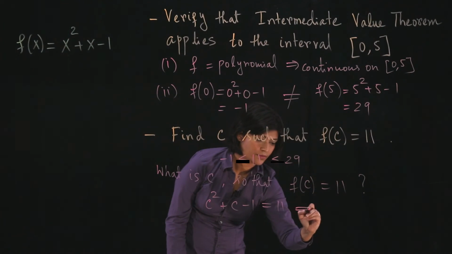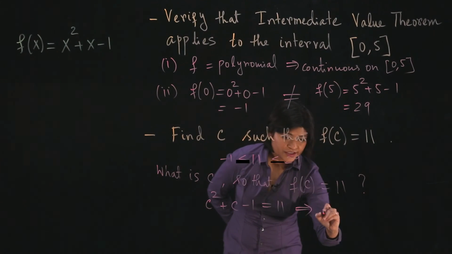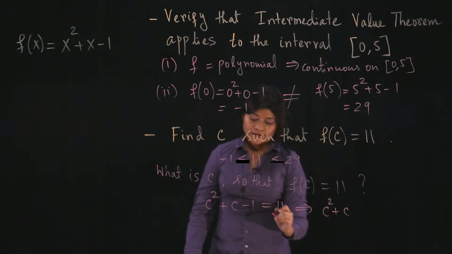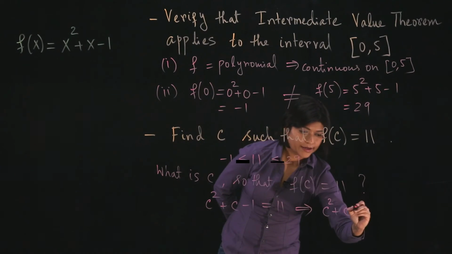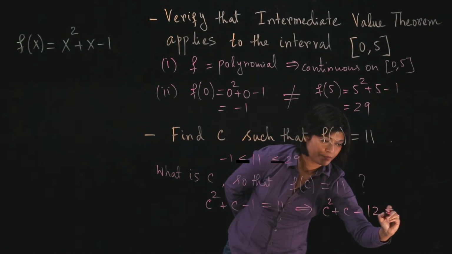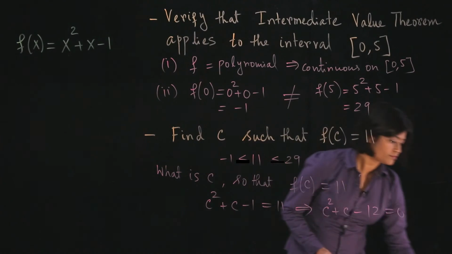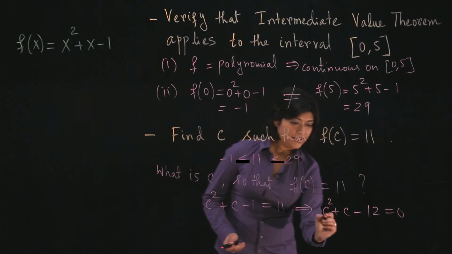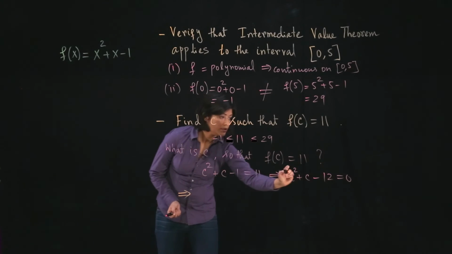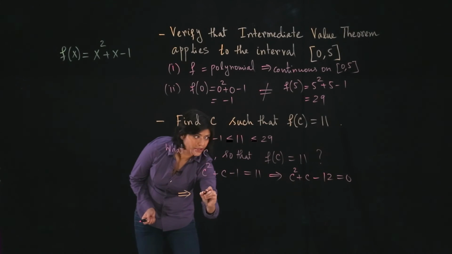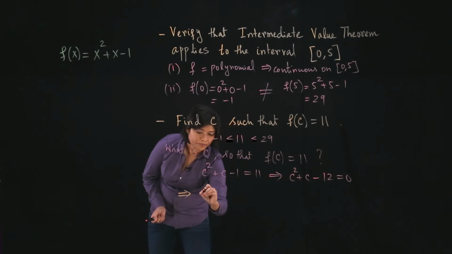Okay, so we have c squared plus c, so negative 1 and then minus 11, that will make it negative 12. That is equal to 0. So let's factor. This is negative 12, and this is a plus 1.